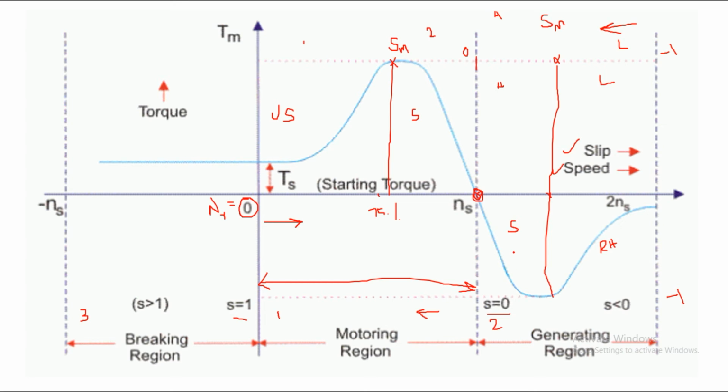So here this is a stable region, and after SM until it reaches minus 1 is the unstable region. Now we'll compare the values of slip. From 0 to SM it is the high value of slip, and from SM to minus 1 it is a low value of slip, because we are having the direction of slip towards the origin. So here is the origin, and it is moving towards the origin.